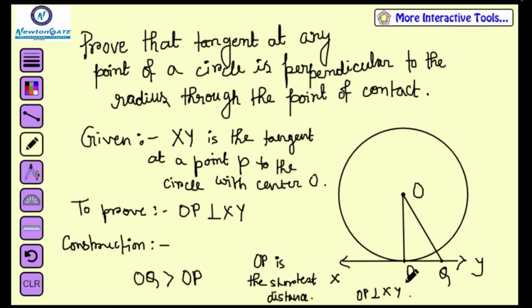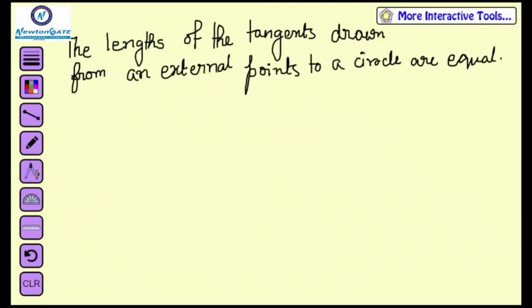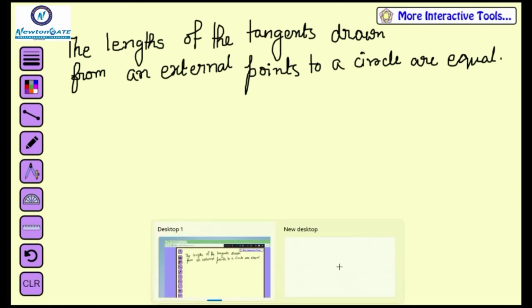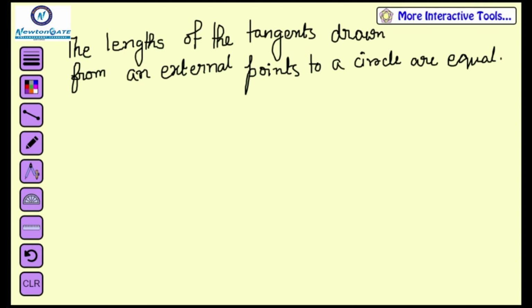Now we move to the next theorem. This one is the second theorem of this chapter. Here we show that the two tangents drawn from an external point are equal in length. So at first we draw the figure according to the theorem.